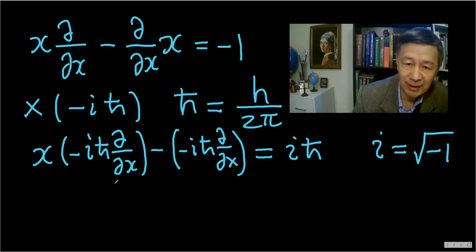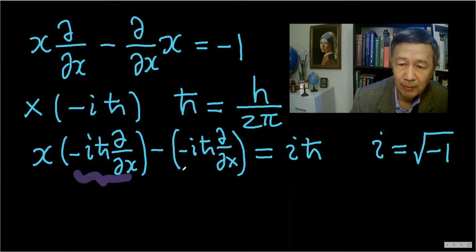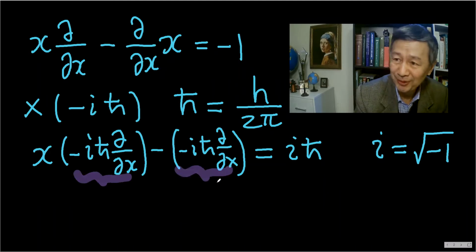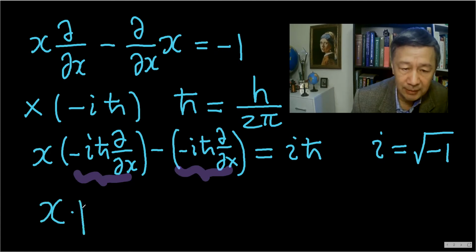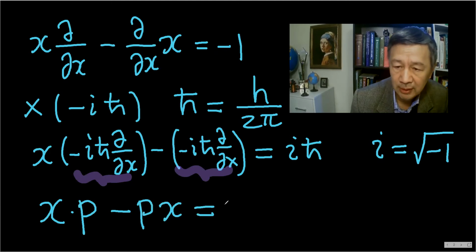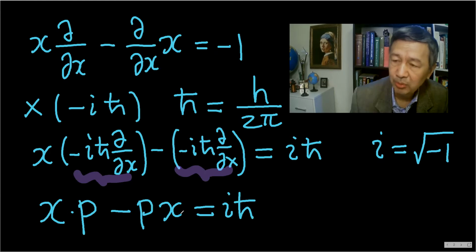Aha, this is the aha moment. If we denote negative i h bar ∂/∂x as the momentum, which is consistent with the formula you saw in the textbook, then we get the new commutative relation for the two operators. So we get x multiplied by p minus p multiplied by x equals i multiplied by h bar.